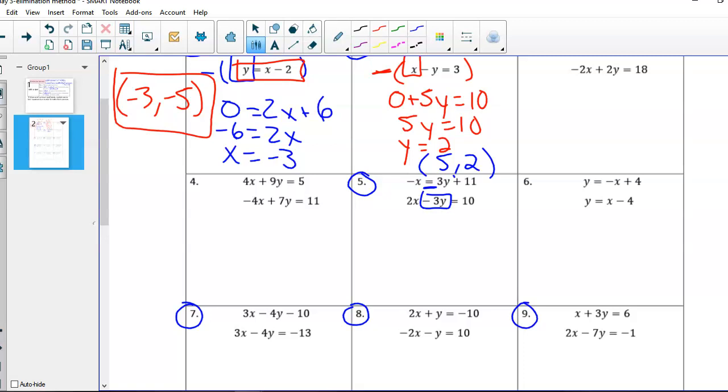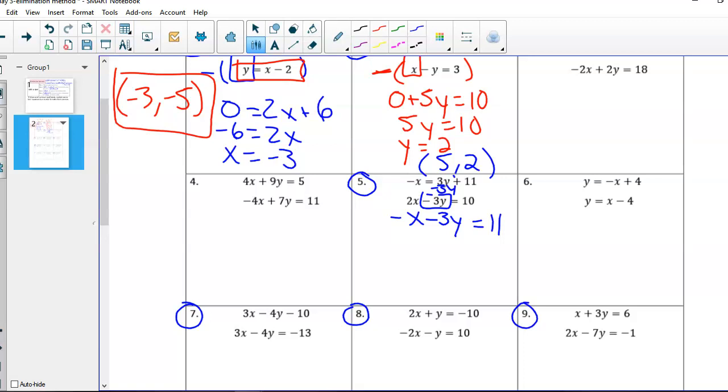Because this y is on this side, I'm going to subtract. I'm just rewriting. So we move 3y to the other side so that they look the same, they have the same format.